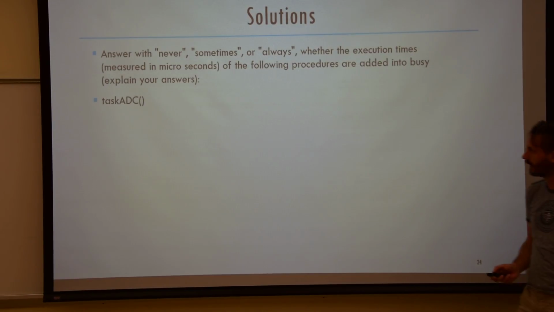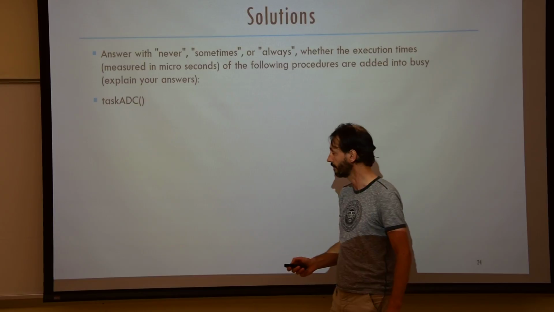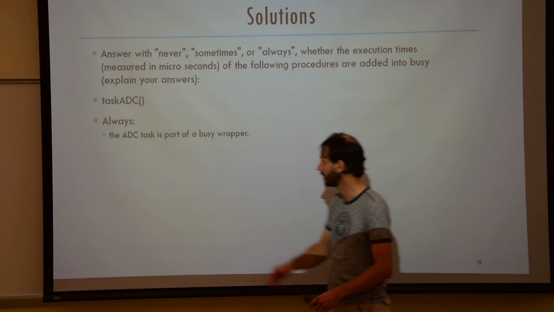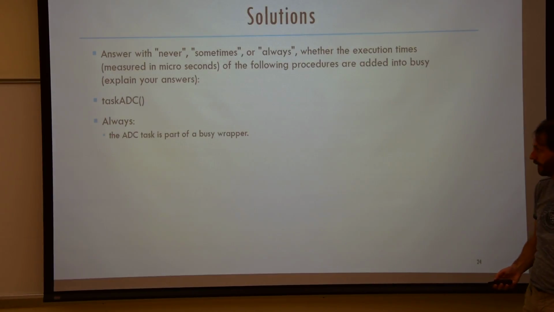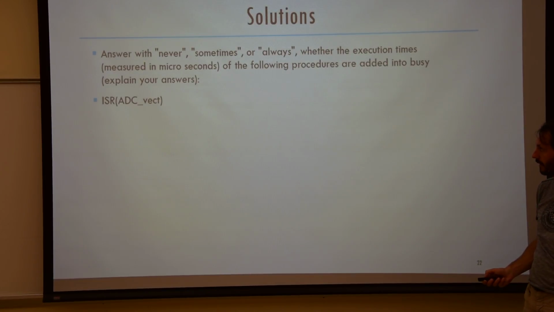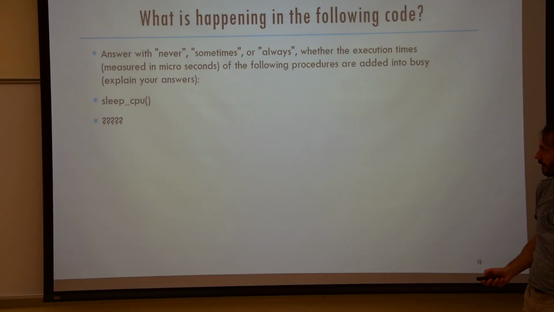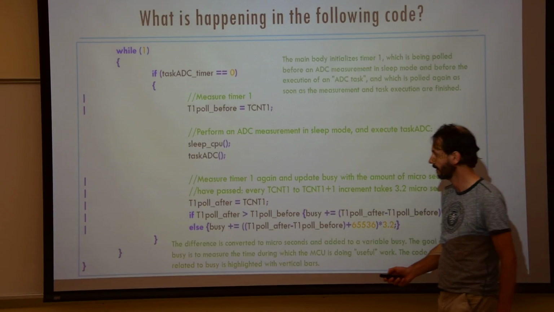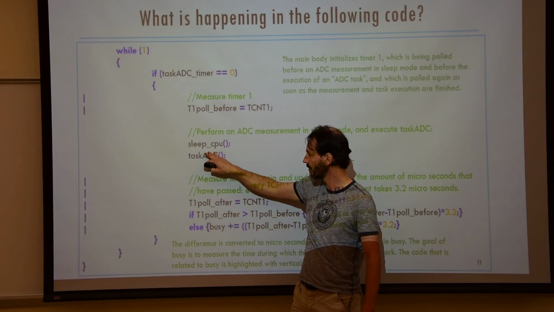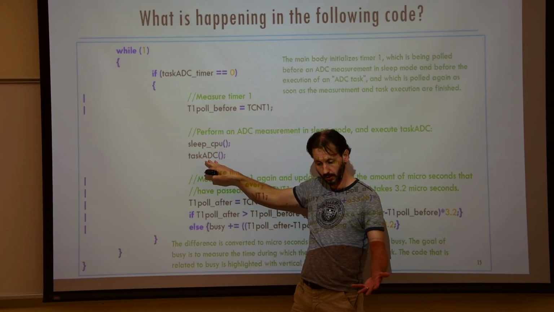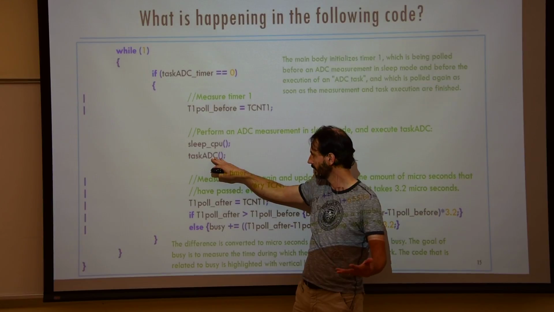So what about task ADC? Well, in this particular case, always, because the ADC task is clearly part of the wrapper that we have. So let's go back quickly at this particular body. Yeah, we are out of sleep mode. All the clocks, all the timers work again, including timer 1.